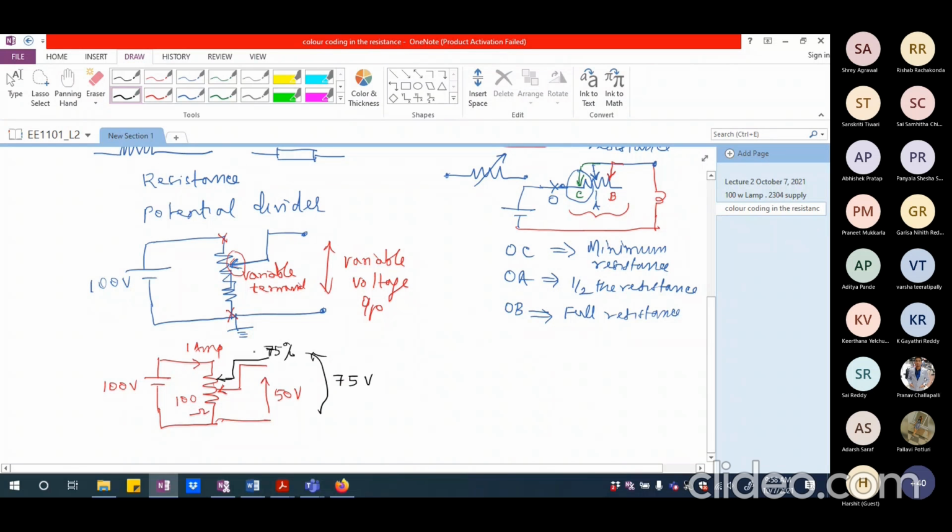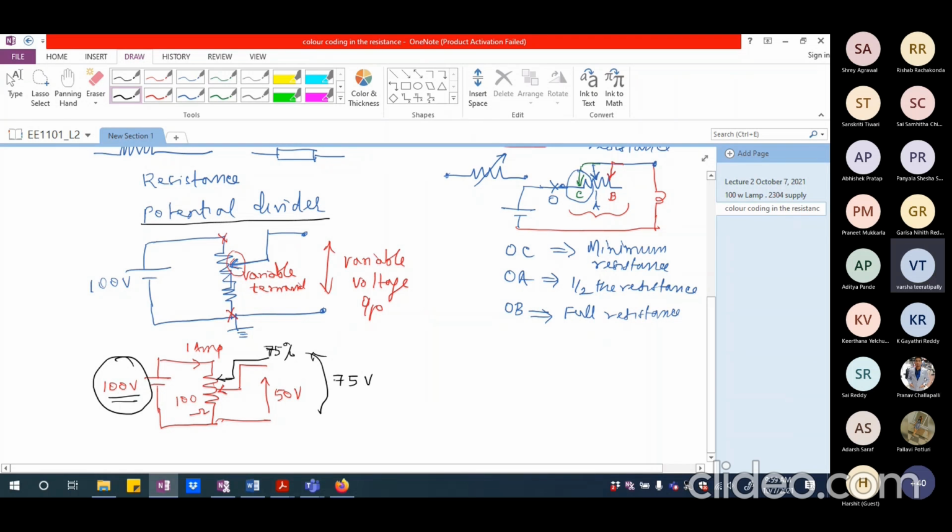So I would be able to get a variable voltage output, which is obviously less than the input voltage, depending upon the variable terminal's position. So the potential divider is essentially dividing the input voltage into smaller fractions so that the output can be variable as per the requirement of the circuit. Is this clear?